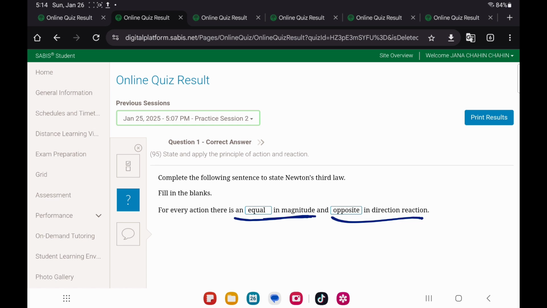Equal is always magnitude, opposite is always direction. We learned this last year, grade 8, so you should remember this. If you don't, just understand it. Newton's third law states, for every action, there's an equal in magnitude, an opposite in direction, reaction.